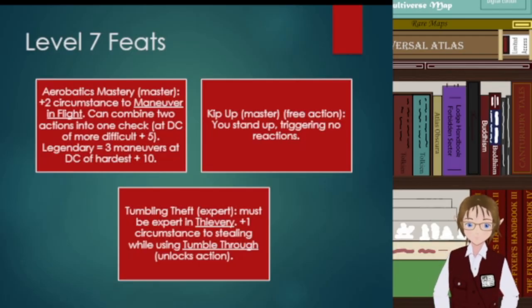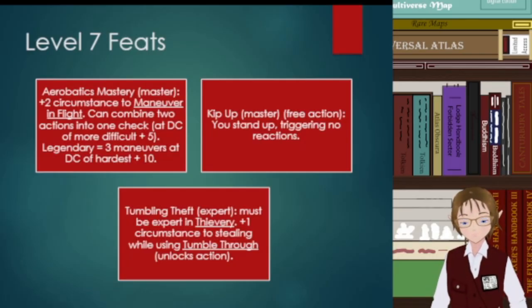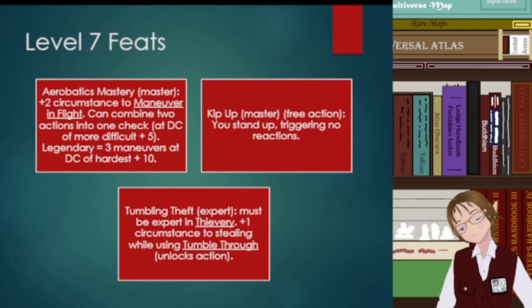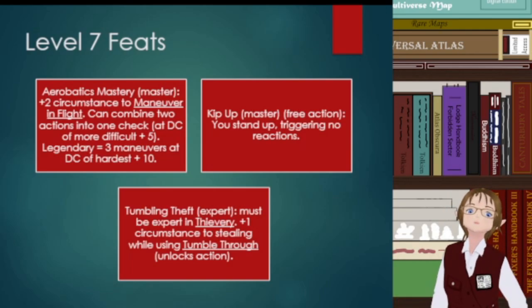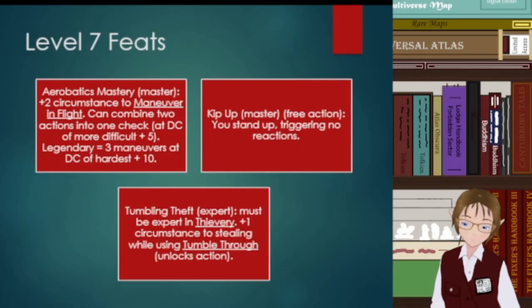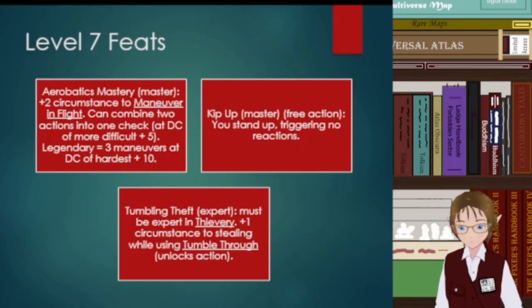And sometimes these attacks or other reactions have a rider effect that makes it so your action fails. This lets you completely ignore that and just stand up like normal. So if you're getting knocked down a lot, this is a good one to take if you happen to have master proficiency in athletics.